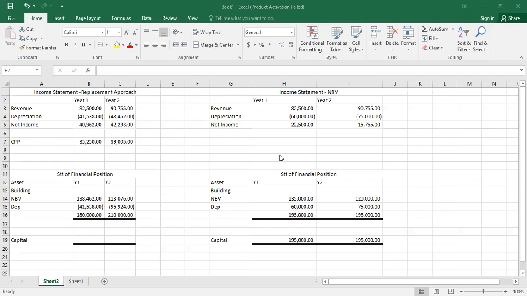So we have the three figures. For CPP, we got 35 to 50, 39,005. So you can see the figures that are being reported by the net realizable value, and we can see the figures that we are reporting for the replacement approach. And that's why the approaches have always been an elephant in the room.